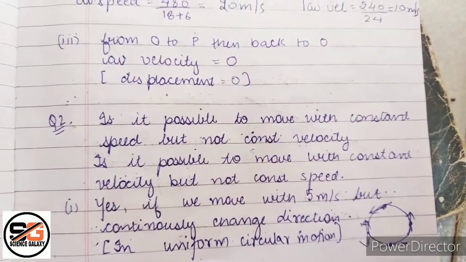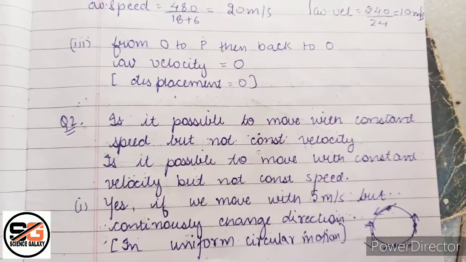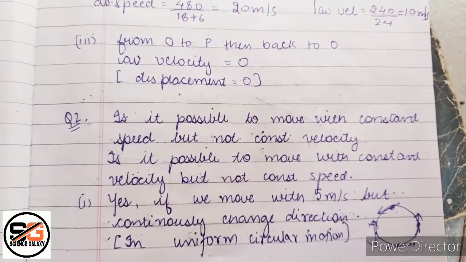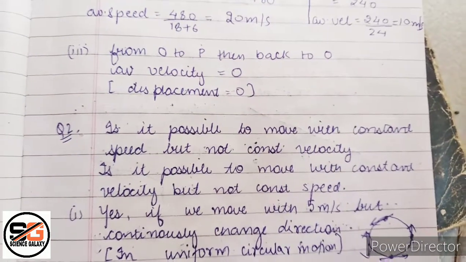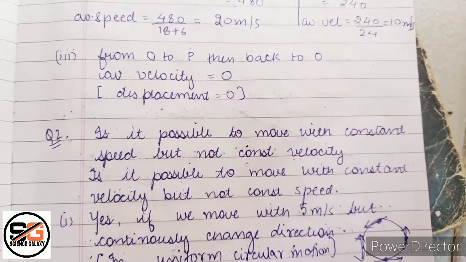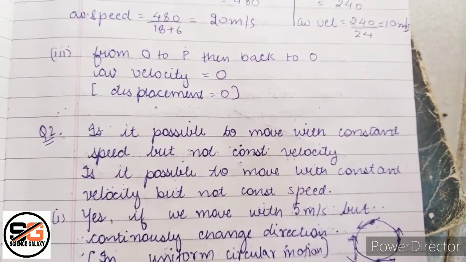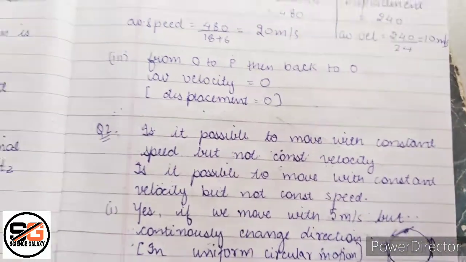But not constant speed, it is not possible, because if we move with constant velocity, it means constant magnitude as well as constant direction. And if we move with a constant magnitude, then we would have constant speed also.